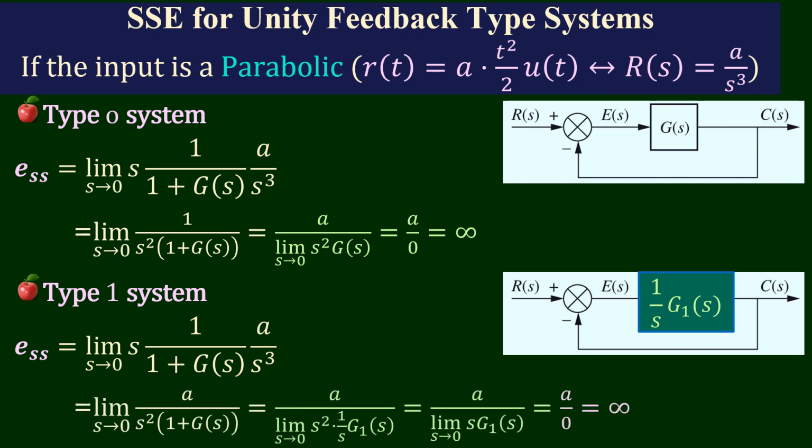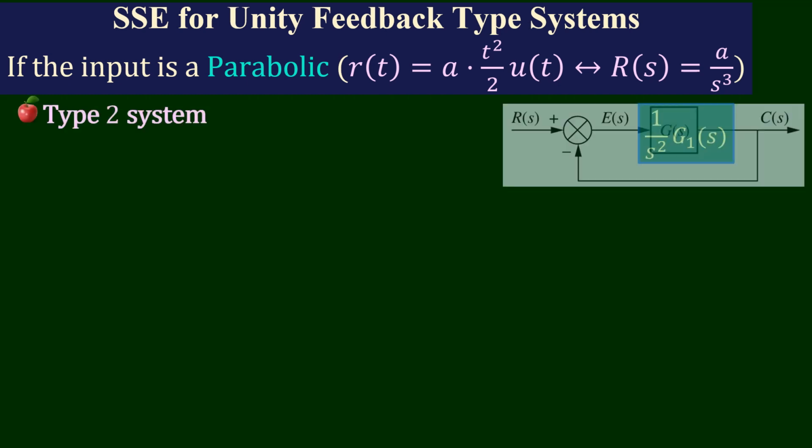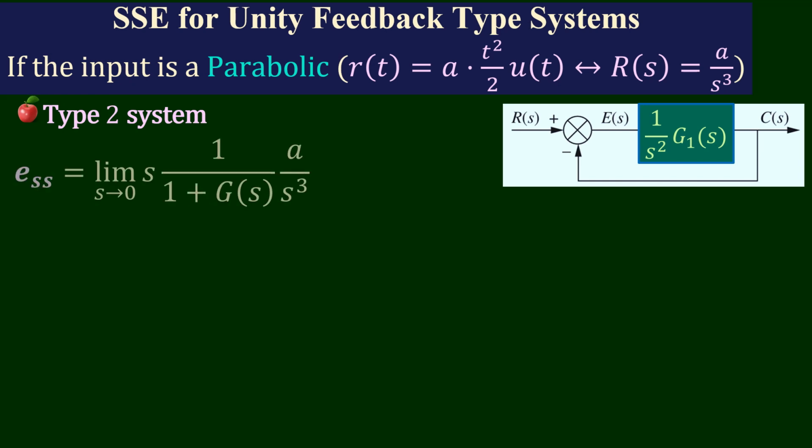So the type version is somehow like this. Now for the parabolic input, if the open loop transfer function of the system is type 2, then once again the steady state error we can write like this, and these calculations are straightforward. We did similar things many times.